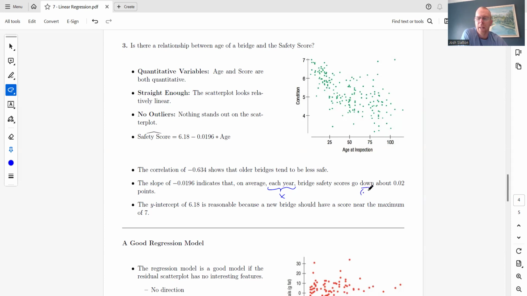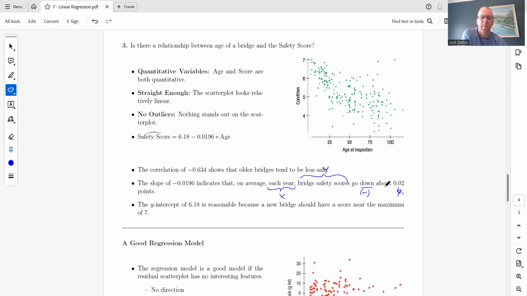This would be your y, and this is your slope, which is indicating that y is going down by that much. So as x goes up 1, y is going to go down by the slope.